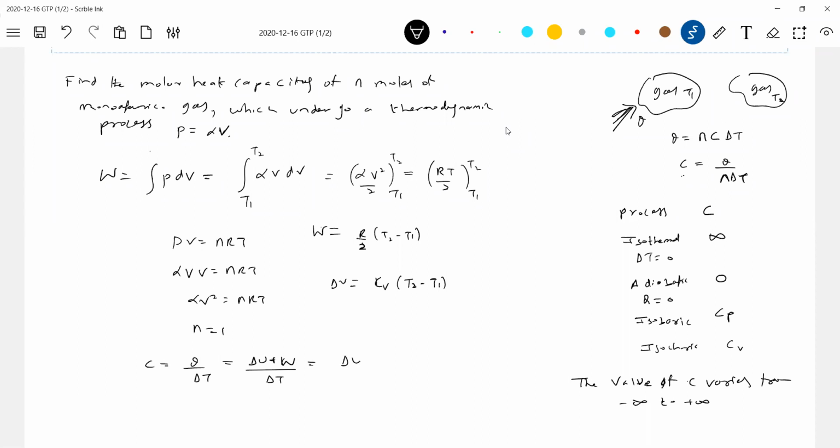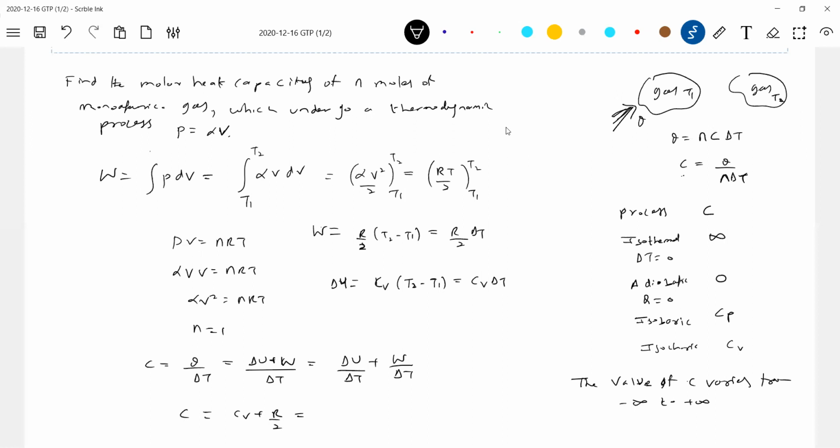So C equals delta U by delta T plus W by delta T. Delta T is the change in temperature. Delta U by delta T you can write as CV. W by delta T you can write as R by 2.